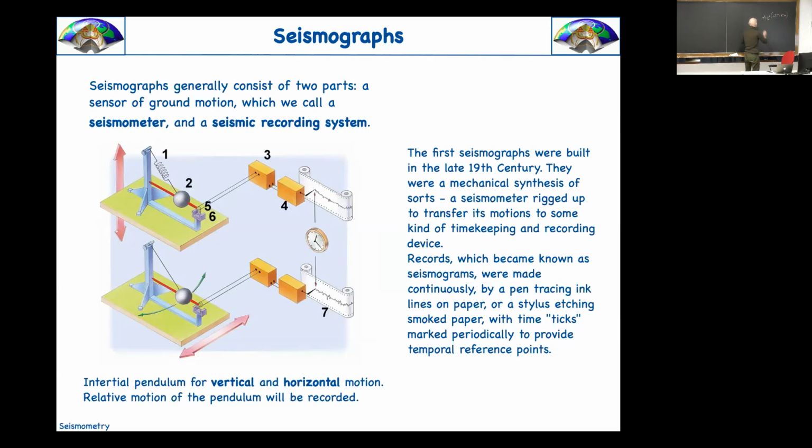But every time, if this is x of t, velocity will go as omega, because we have a time derivative here, and acceleration will go as omega squared. What does that mean? That if we move from the displacement to the velocity domain, the signal is getting richer in high frequencies.